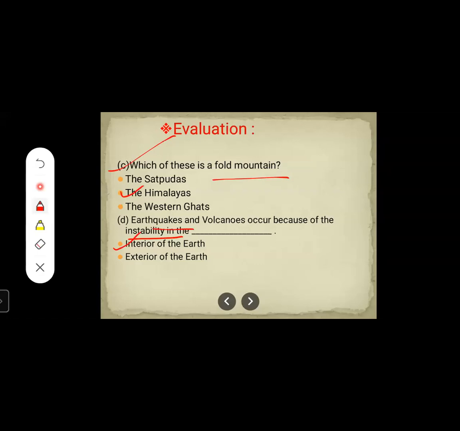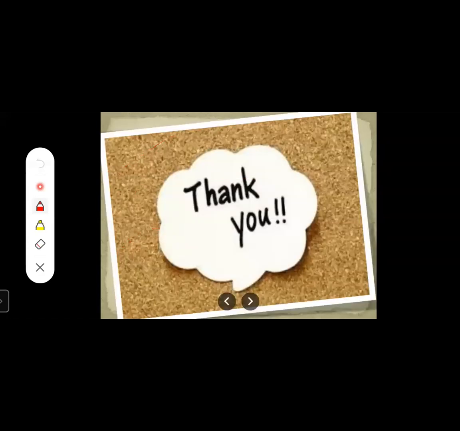So earthquakes and volcanoes are created because of the instability in the interior of the earth. That's it, students. I hope we have revised all the important points from this lesson in part 1. Thank you, students.